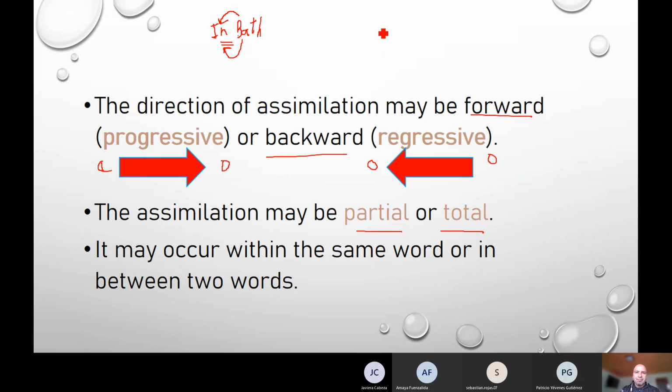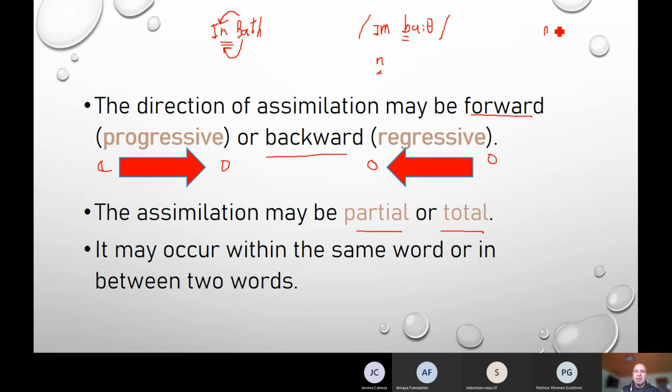In the case of "imbath", when "in" became "im", the "n" became "m", assimilating the characteristic of being bilabial, which is place of articulation. Voicing wasn't assimilated because both of them are voiced. "N" and "b" are voiced. And this sound continues to be nasal.